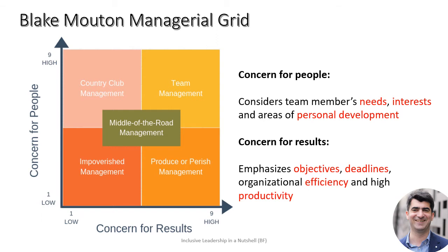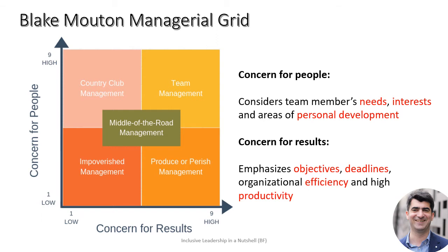The Blake-Mouton Managerial Grid was developed by Robert Blake and Jane Mouton in 1964. Blake and Mouton defined five leadership styles based on the leader's concern for people and concern for results. These five styles are the impoverished style, produce or perish style, middle of the road style, country club style, and team style.